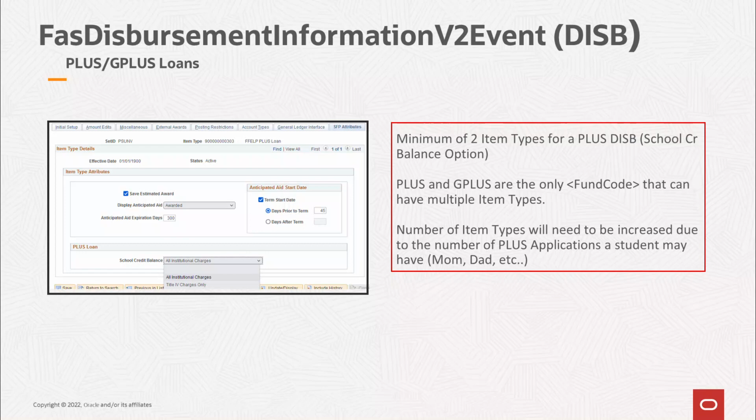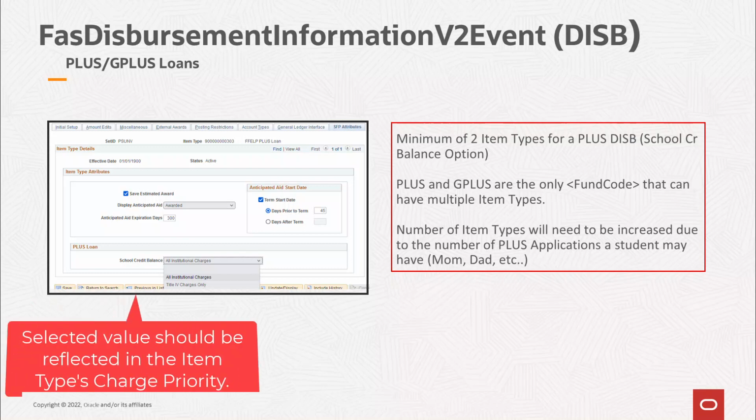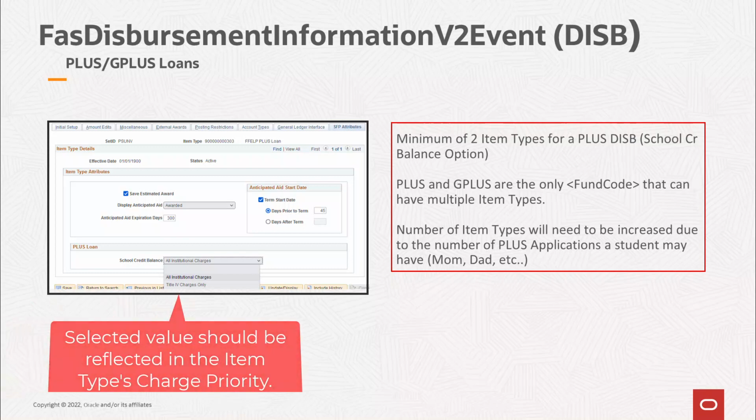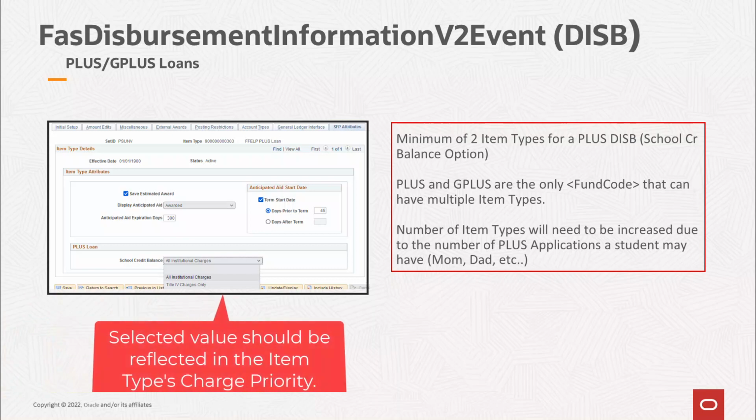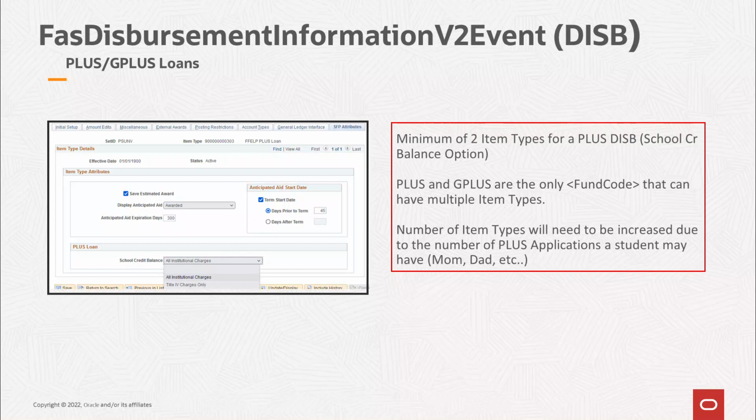You will need to ensure the correct charge priority is assigned to each PLUS G+ item type that corresponds with the school credit balance option. Also note, for both PLUS and G+, a minimum of 2 item types are needed to ensure correct mapping of the application's school credit balance option to an item type. In addition, you will need to determine the number of PLUS applications that a student could have and ensure you have corresponding item types to map to each application.